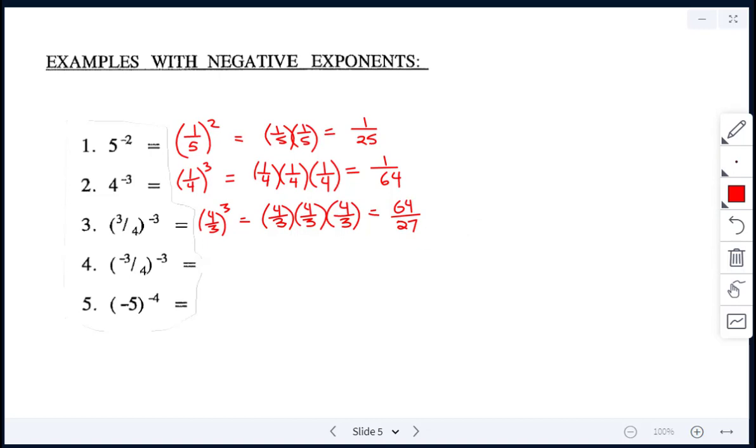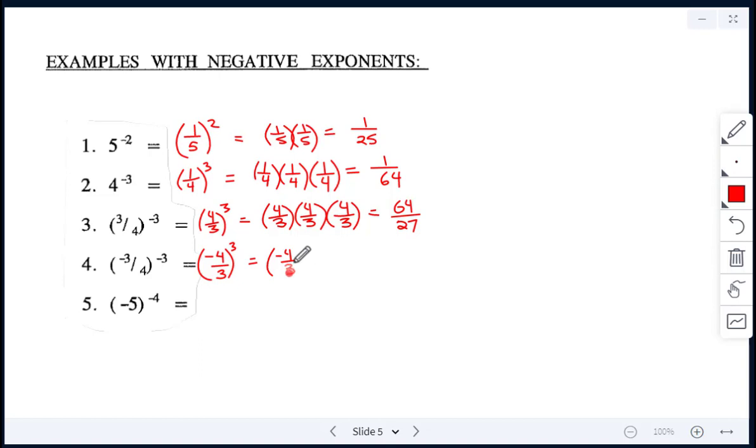Our next example, we have in brackets, we have negative 3 over 4. So we're taking the reciprocal of it. So it's just going to become negative 4 over 3. All right, and now our exponent is positive 3. And now we're just going to write it out in factored form. So the negative is included in the brackets.